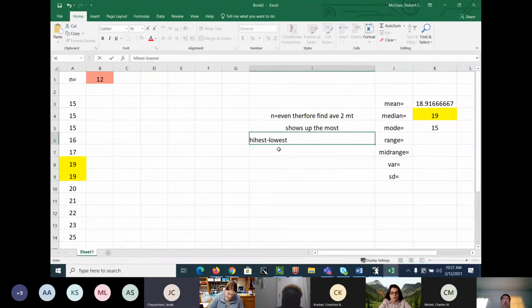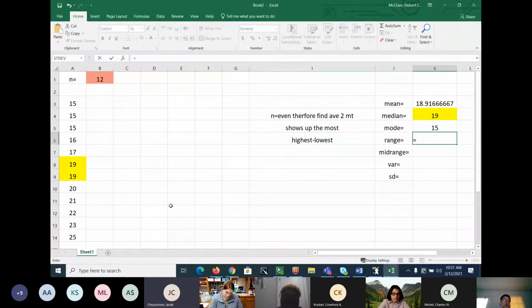The largest number minus the smallest number. Good job. 25 minus 15. I can't spell. I'm going to do it for you. Equals 25 minus 15, and it should be 10.